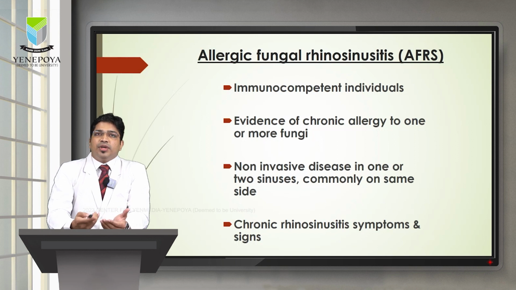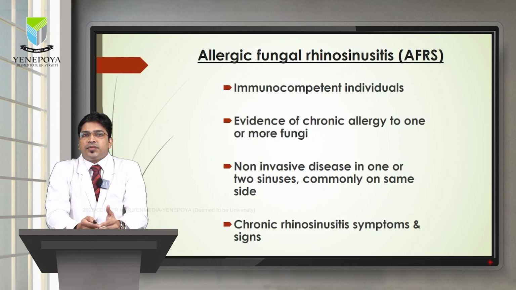Because of this systemic reaction of the body, the inflammation spreads to the adjacent sinuses, and because of the fungal hyphae which are carried through the allergic mucin produced by the body, it will spread to the adjacent sinuses. So though it is a non-invasive type of fungal infection, there will be involvement of one or more sinuses, but in more than 50% of the cases, it will be on the same side.